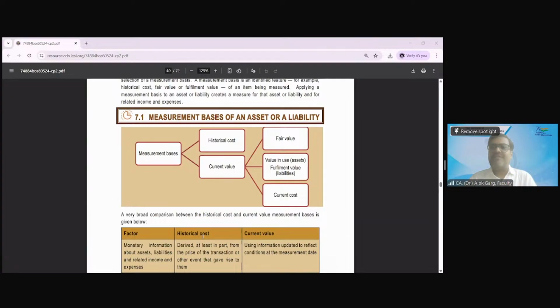So friends, what is the historical cost and what is the fair value? Historical cost is 1,000 and fair value is 1,500. Very good, right?